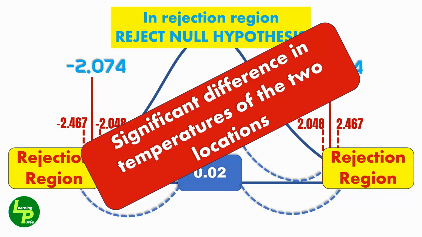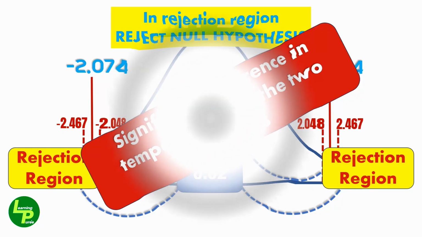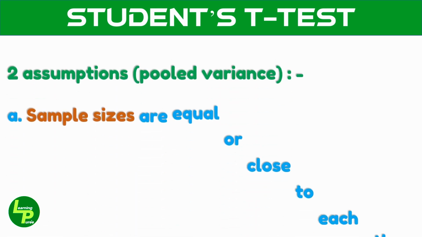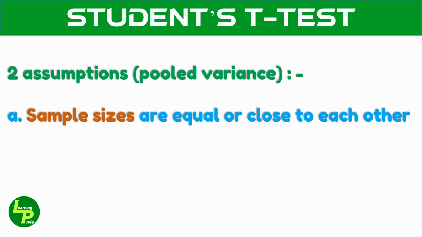If you feel vibrant about dispatching the case successfully, you are grossly mistaken. Let us take a walk back into the past to remind ourselves of a few points. When we were discussing the student's t-test to simplify the complex equations, we made two important assumptions. First, the sample sizes for both samples were same or close to each other.